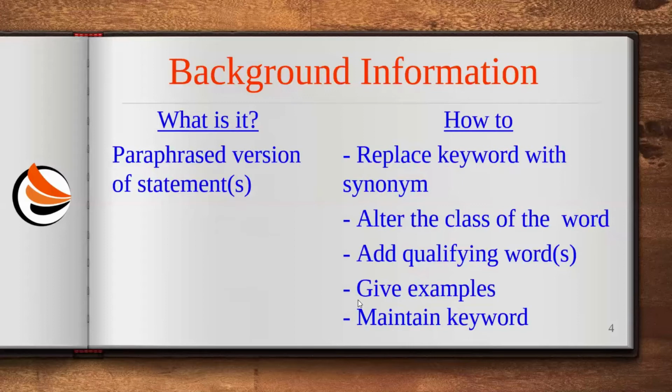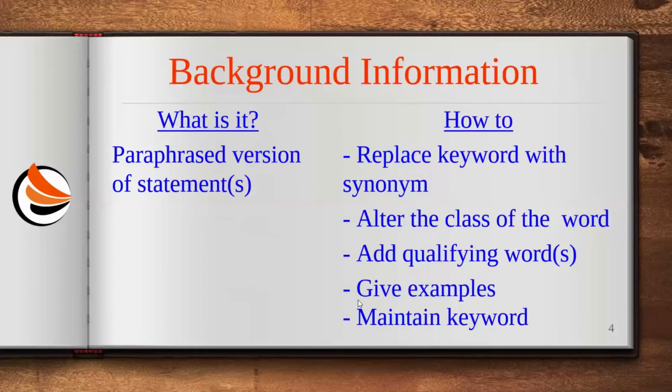The third is for you to make the meaning of the word clearer by adding a word or two. You're making the meaning of the word clearer. That is the third point. Add qualifying words. You're adding a word or two to make the meaning of that keyword clearer.